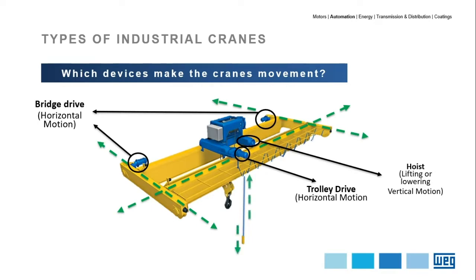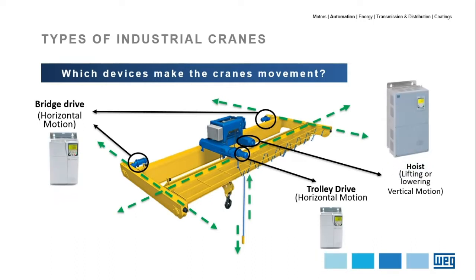And here, to be honest, is where we need to pay more attention while sizing the VFD. So now we want to show you where mainly we can apply VFD in this application. The VFD will be applied to run those electrical motors, contributing to increase the performance of the crane system.